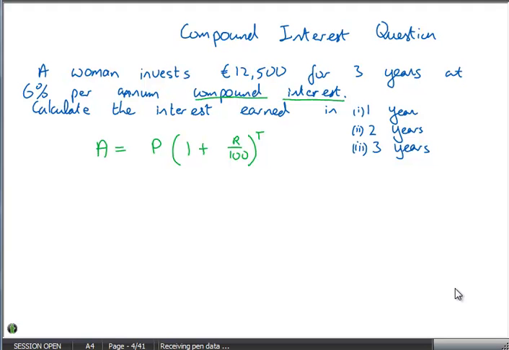Now, what we have here is P is the principal sum, or the starting amount. R is the interest rate.